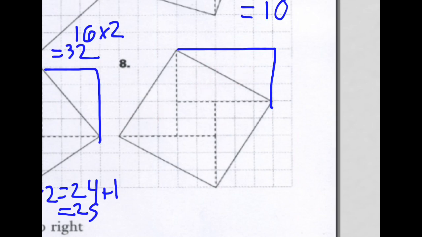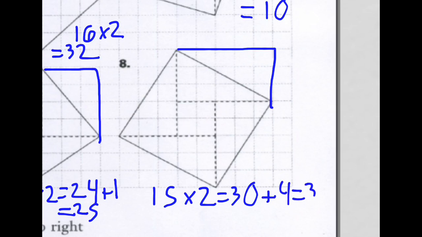And I'm going to count up the mini squares in that rectangle. 1, 2, 3, 4, 5, 6, 7, 8, 9, 10, 11, 12, 13, 14, 15. Two of the right triangles represent 15. Four of them would be double that, so that's 30, plus the 4 in the middle. And the area of that guy is 34.